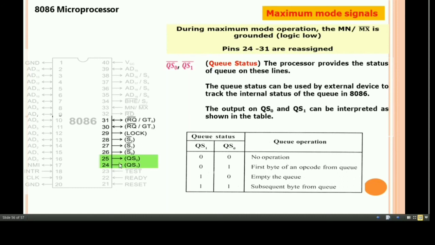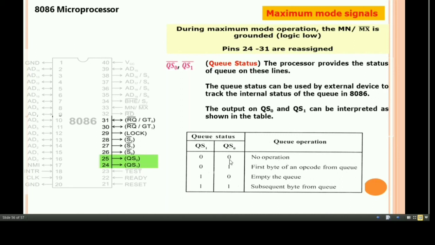Now the output on these Q status pins can be represented by this table. If both the pins are 0, at that time the operation of the Q is no operation.